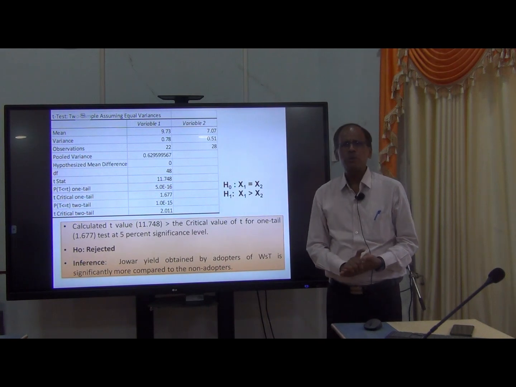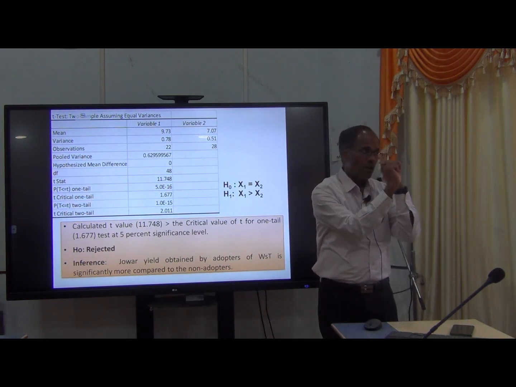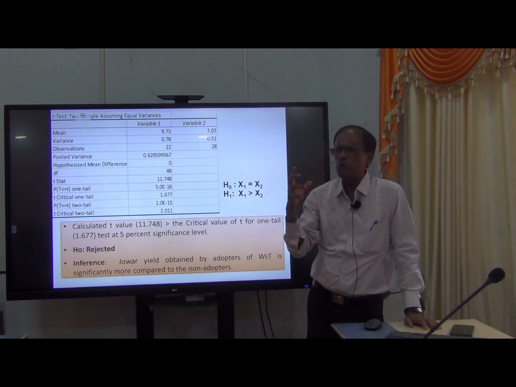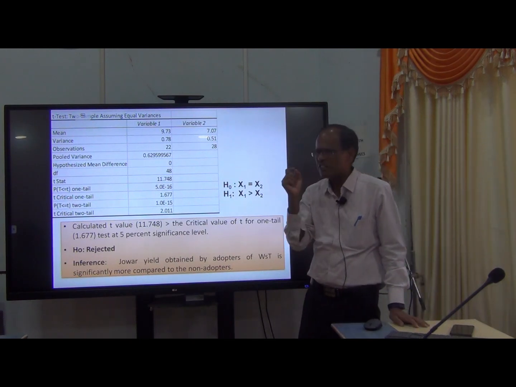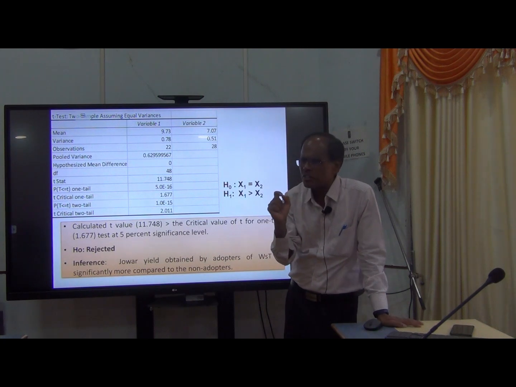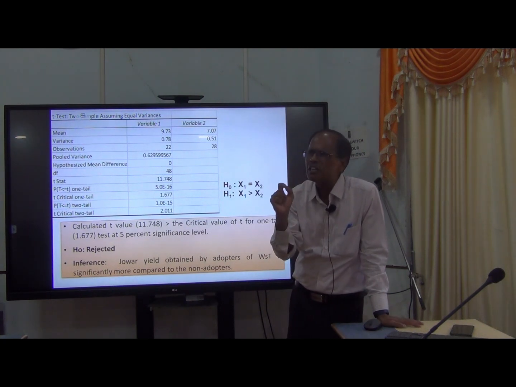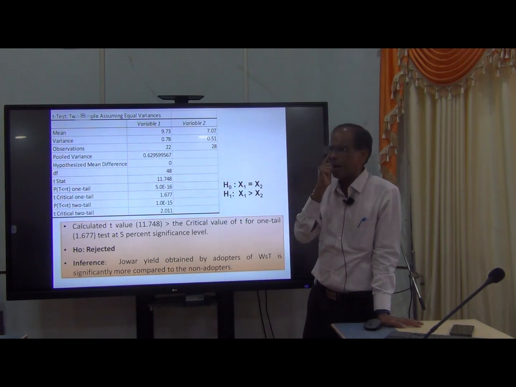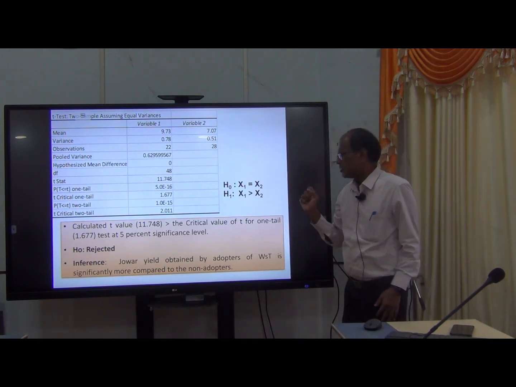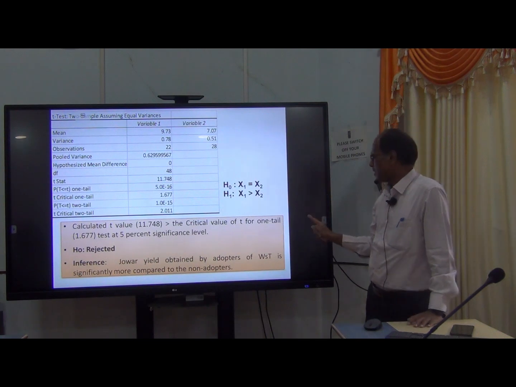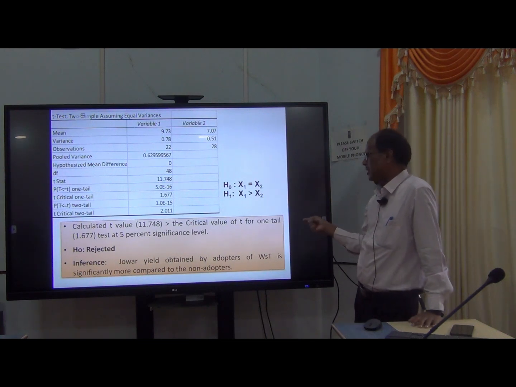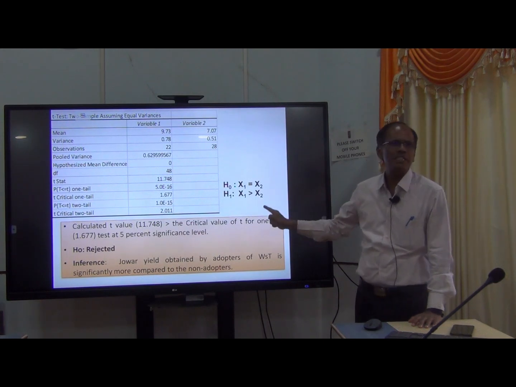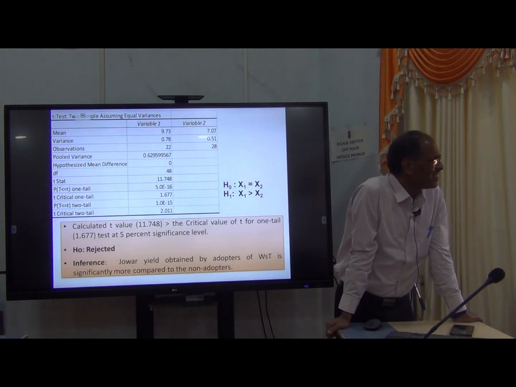Therefore, we could draw the inference. One of the most important, very powerful tools in research report writing is, while drawing the inference, each and every word matters. How to draw that inference? Java yield obtained by the adopters of watershed technology is significantly more when compared to the non-adopters of the technology. This is the inference.